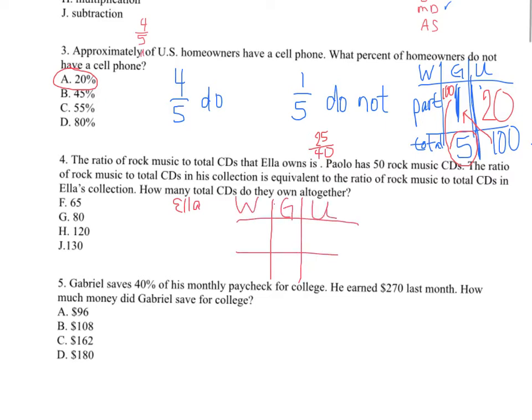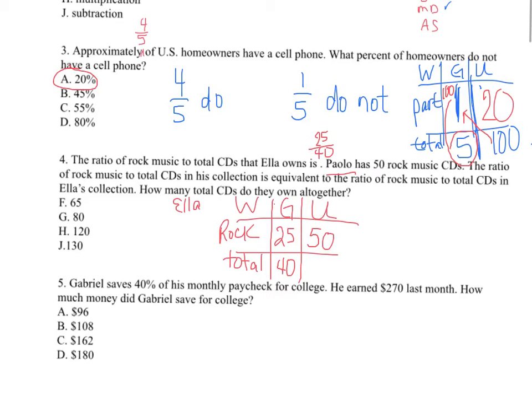Okay, we're talking about rock music to total. And it said it's 25 to 40. And then Paulo has 50 rock music CDs. So where is that going to go? That's going to go here because we're talking about rock music.